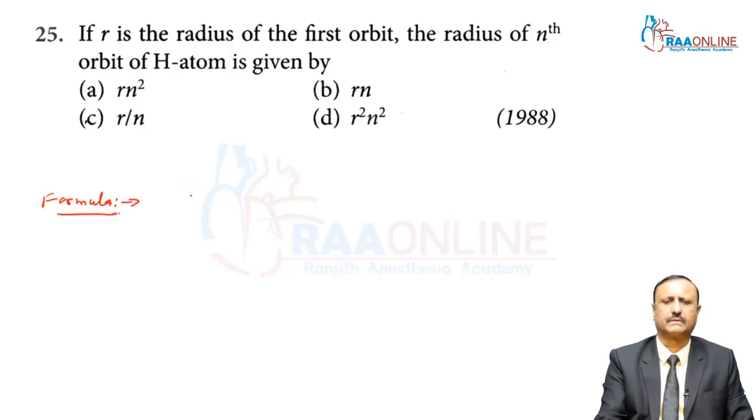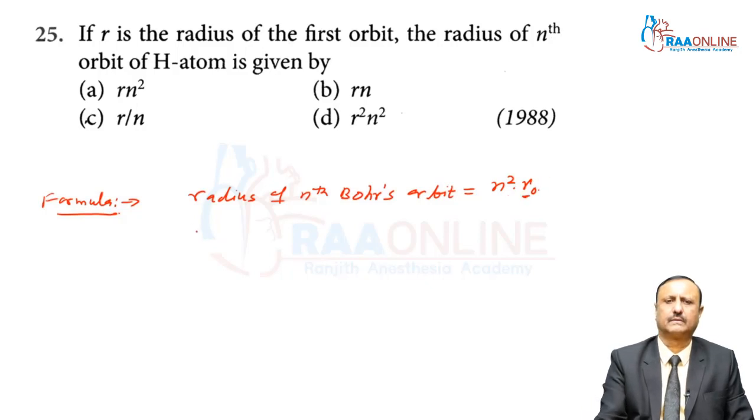The formula is: radius of the 9th Bohr's orbit is n square into r0. r0 is the radius of the first orbit.